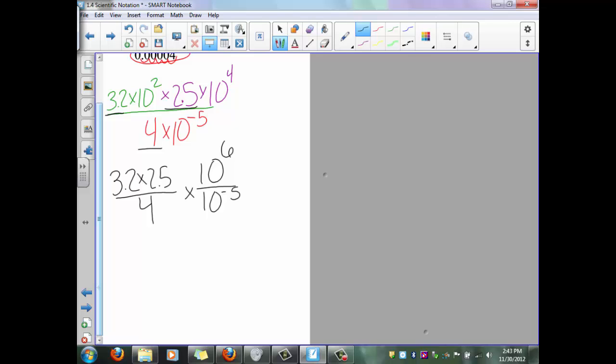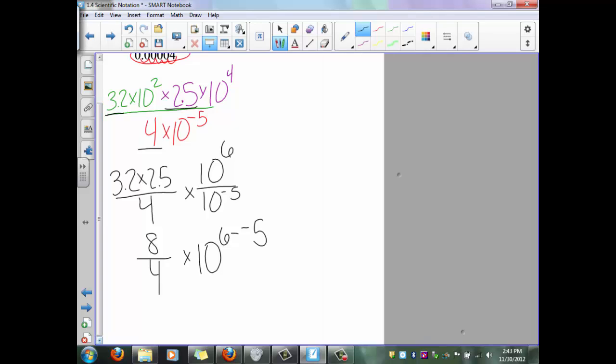3.2 times 2.5 is going to give us 8 over 4. And then we'll have times 10. Remember, subtract, so 6 minus a negative 5. 8 divided by 4 is 2 times 10.